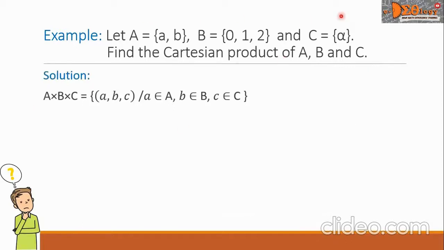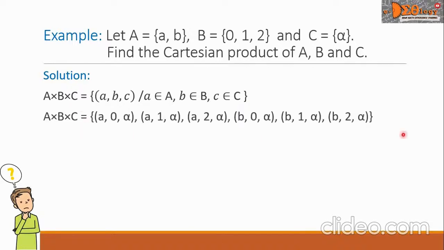So we have three sets here, and we write A × B × C. The elements will be of this form (a, b, c), such that a is an element of set A, b is an element of set B, c is an element of set C. So for our Cartesian product, the elements are here.